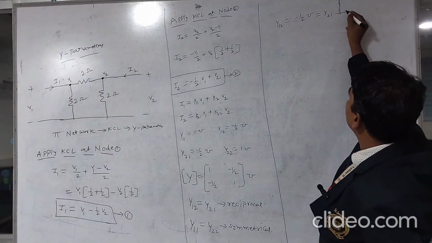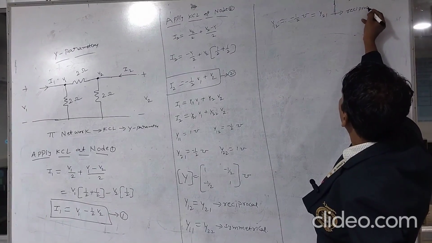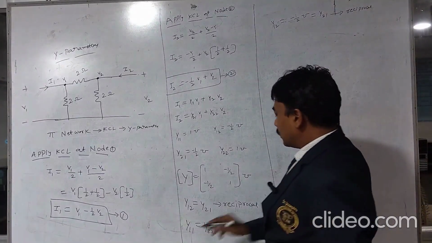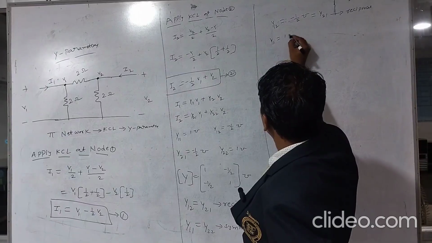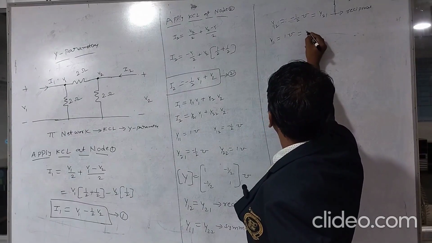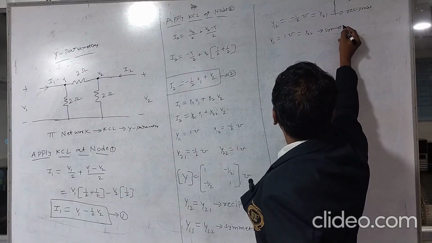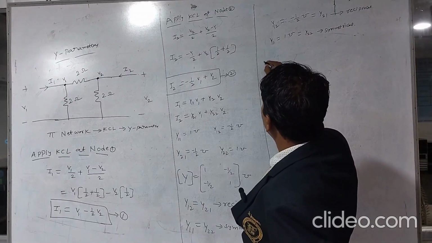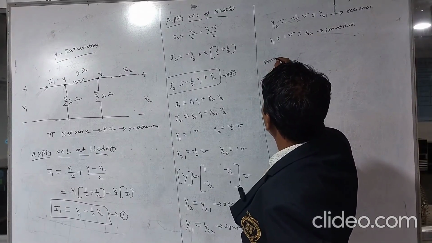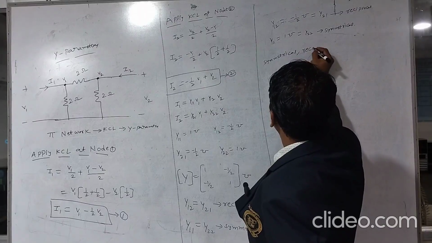So the network is reciprocal. Then you can compare Y11, which is 1 mho, and Y22, which is also 1 mho. So the given two-port network is symmetrical as well as reciprocal.